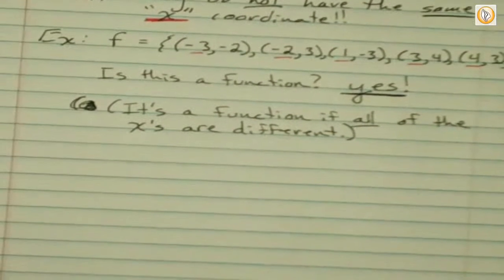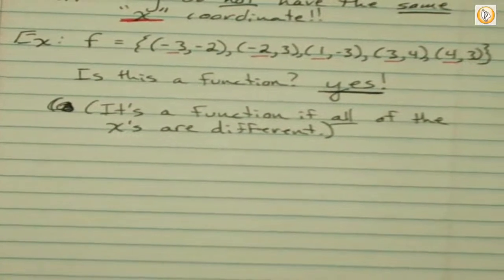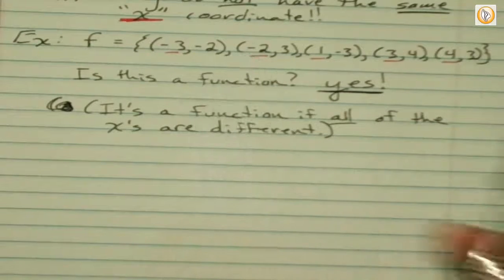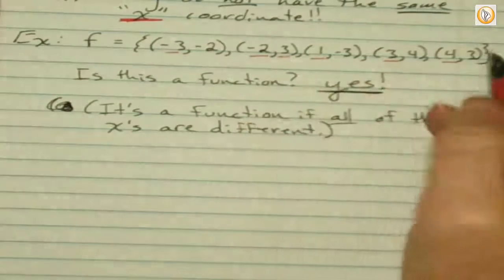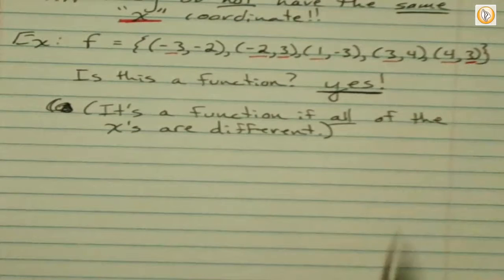All right, so it's a function if we don't have the same x's. Now, you can have the same y's. Like notice right here, this 3 and this 3, you know how it has the same y? That's okay. It's just the x that you got to remember. Okay, Taylor? Yes.